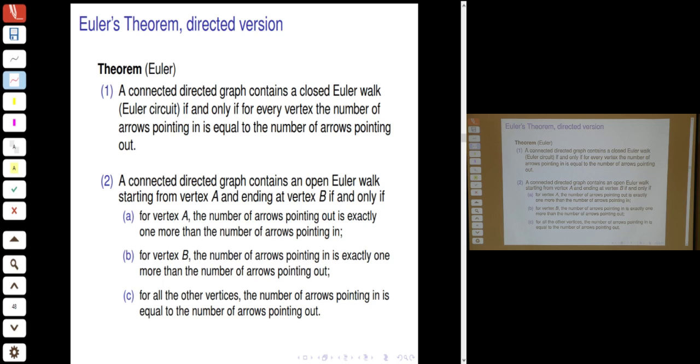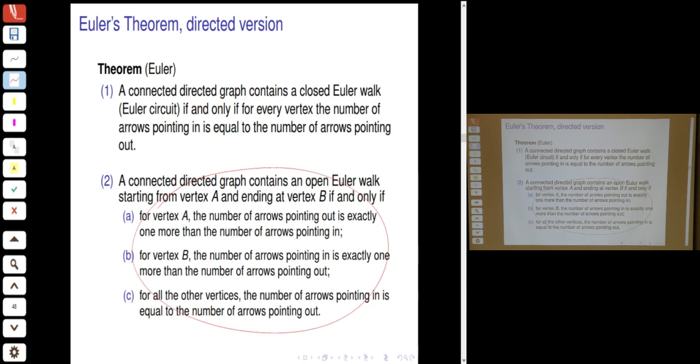So if your graph has arrows, that is, it's a directed graph, then also you can formulate an analogous condition for the existence of an open Euler walk, which is actually a generalization of the condition for the existence of an open Euler walk for graphs without arrows.